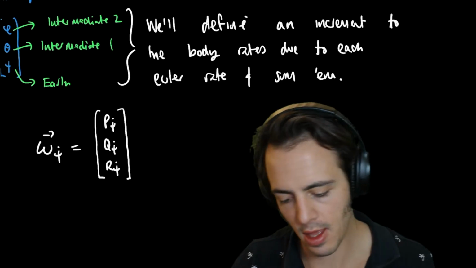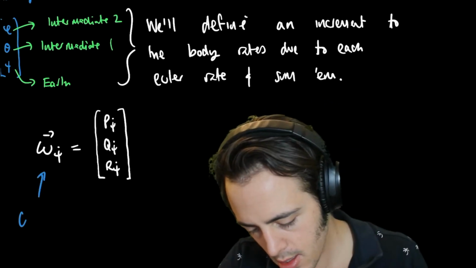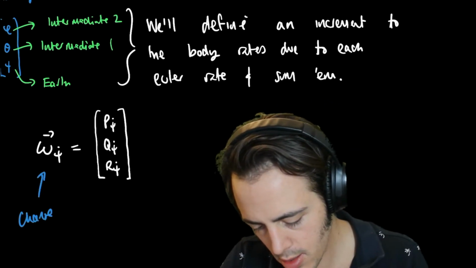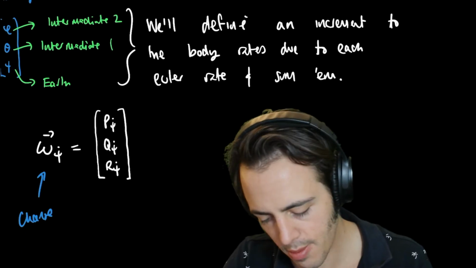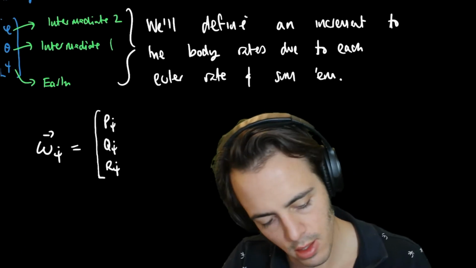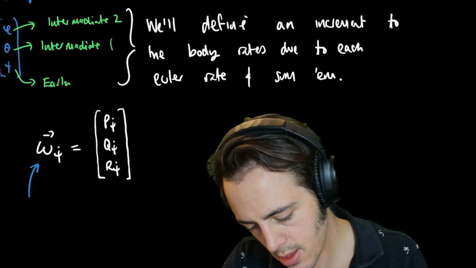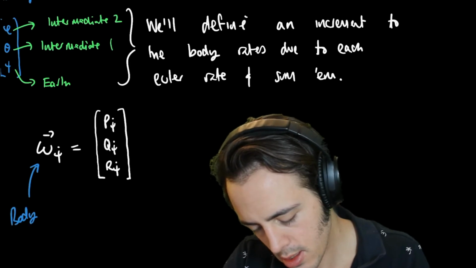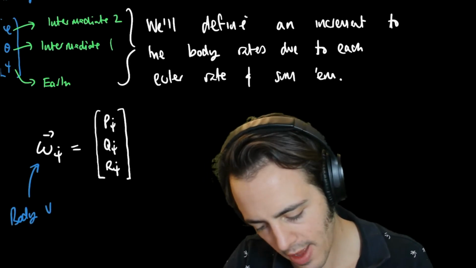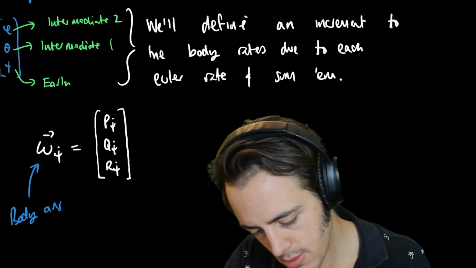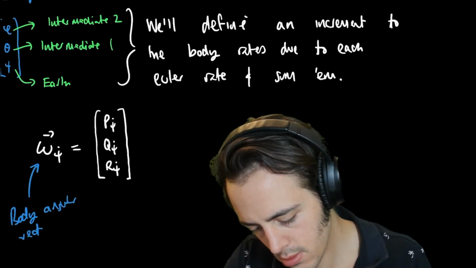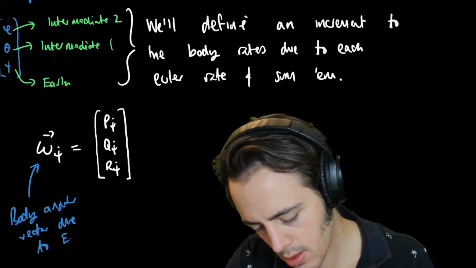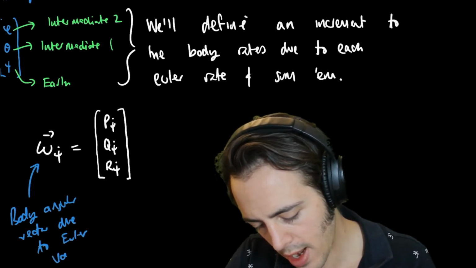This is the change to, well, let's just say it's the body, nope, let's go forward. Body angular vector due to Euler rate.